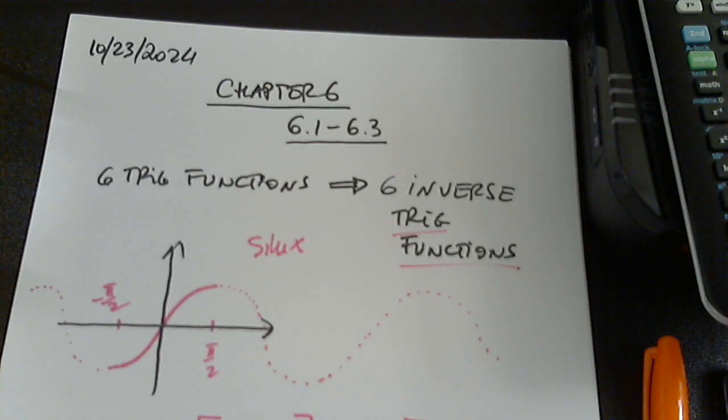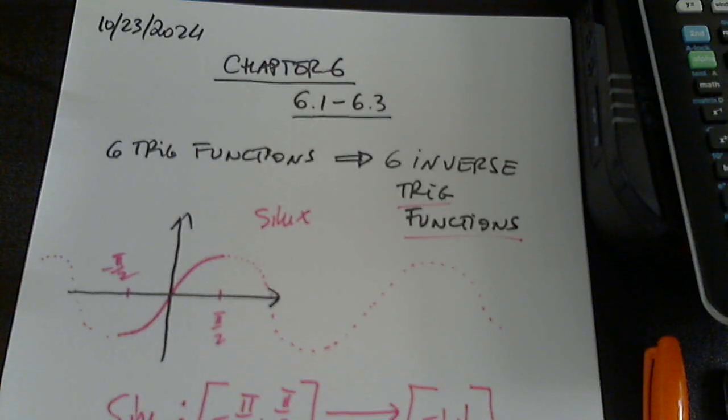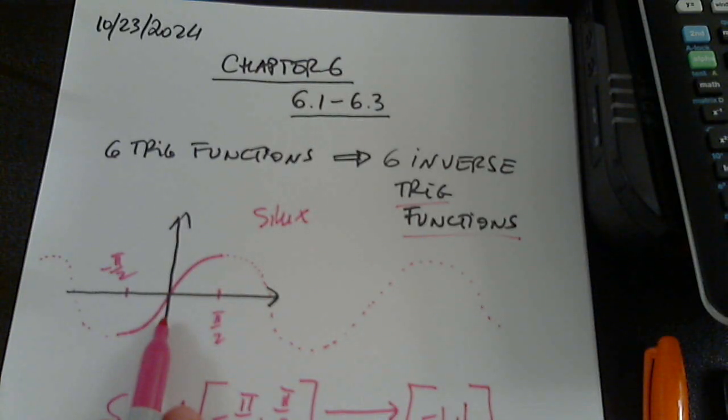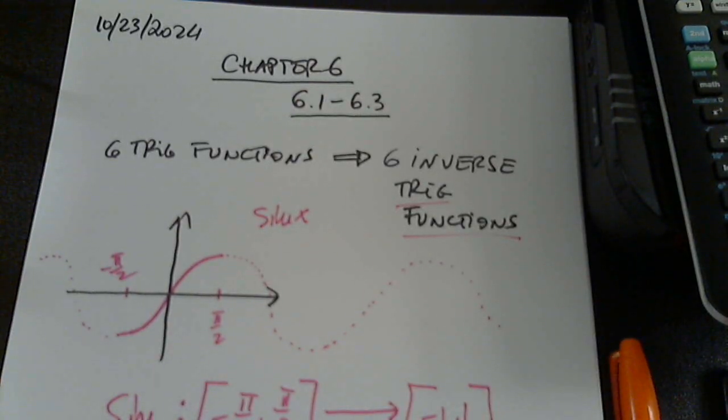Negative 1 to 1. Excellent. Thank you so much. Because sine is now a one-to-one function, arc sine is my preference, or sine inverse, same thing, is defined on negative 1, 1, and takes values on negative pi over 2, pi over 2.